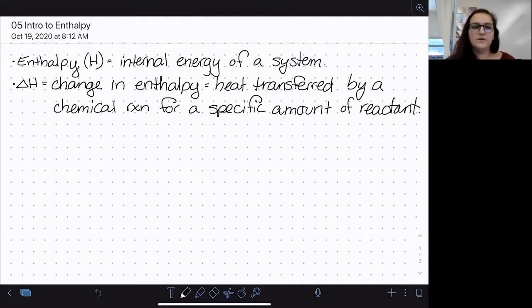There are a couple different ways that you can express a delta H in terms of what amount of reactant you're talking about.